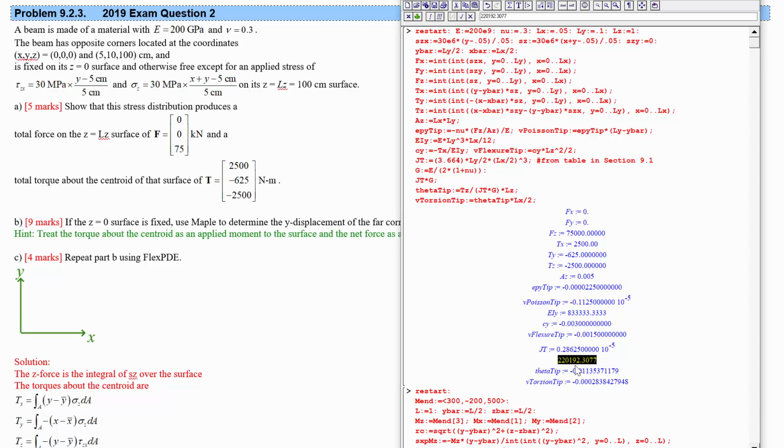So it's this thing. We've got 220,000 for our JT G, and we had 830,000 for our EIY.